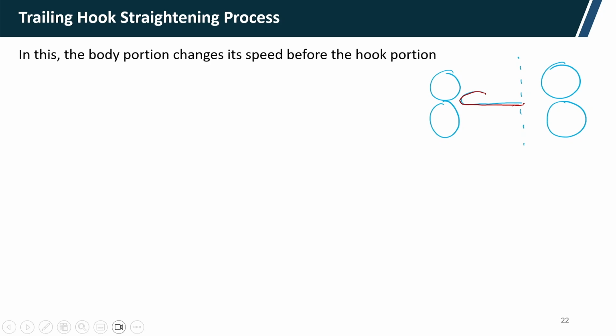To remove the trailing hook, the body portion has to move faster than the hook portion. So, the midpoint of the body portion should reach the accelerating point earlier than the midpoint of the hook portion.